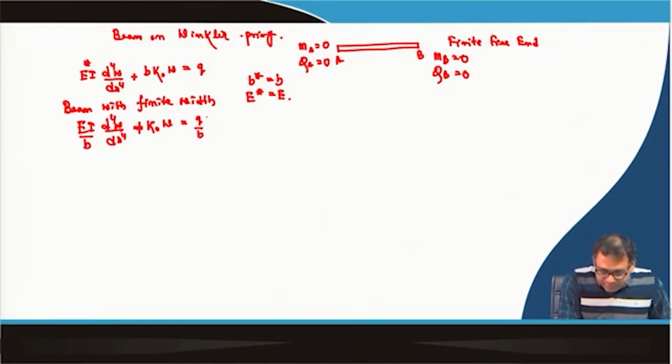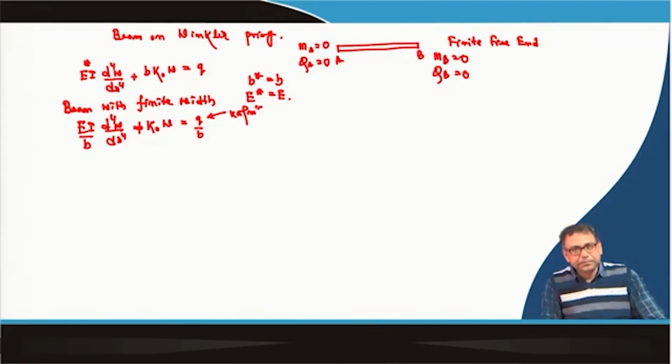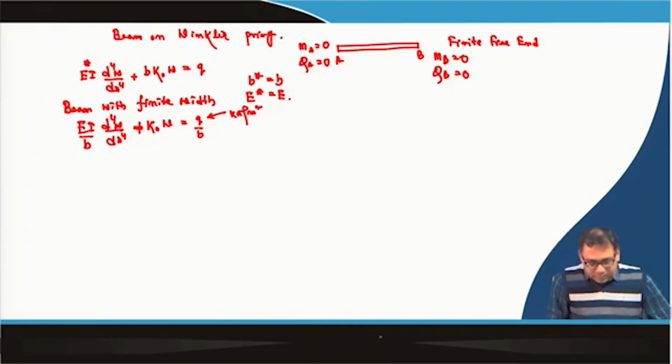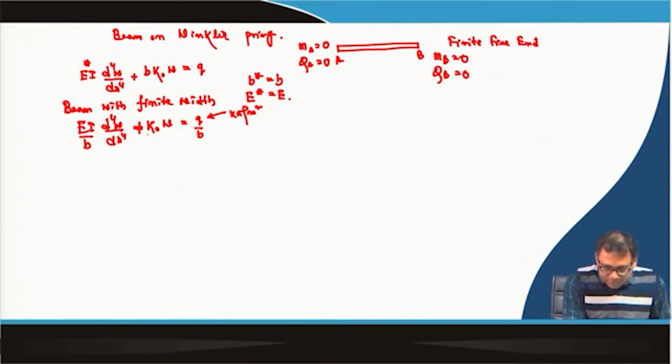Okay. So, that means in such case your Q is in kilonewton per meter square. So, Q is kilonewton per meter square divided by B, so now it will be kilonewton per meter.